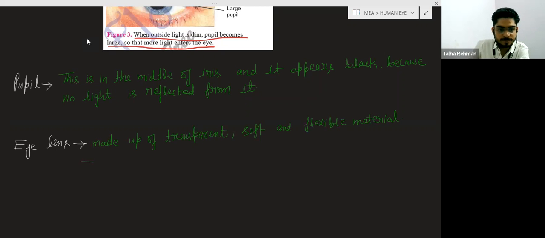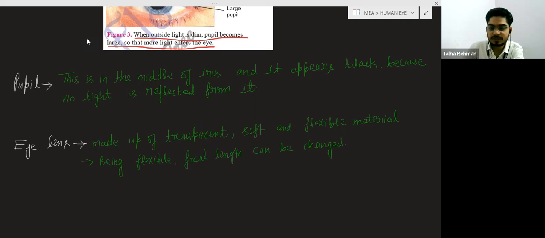Being flexible means the shape of this lens can be changed. Accordingly, the focal length can be changed. Being flexible, the focal length can be changed.